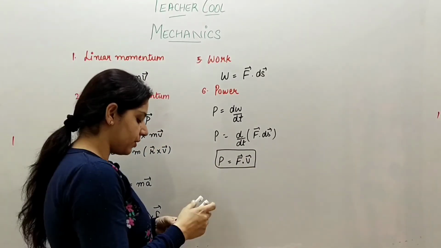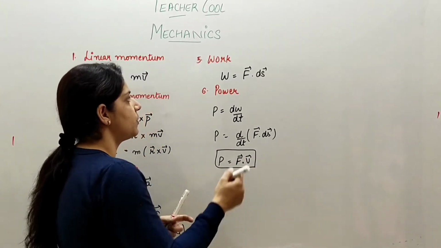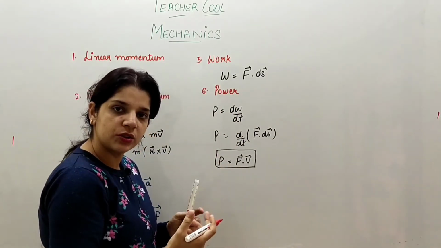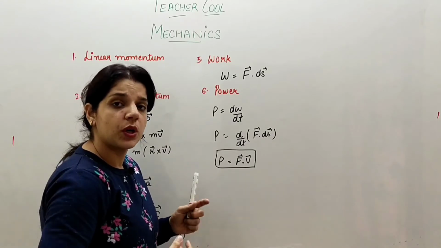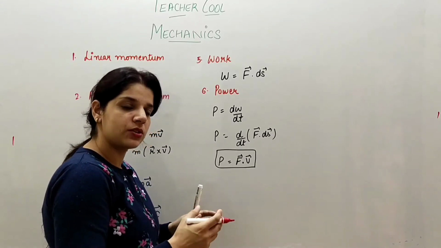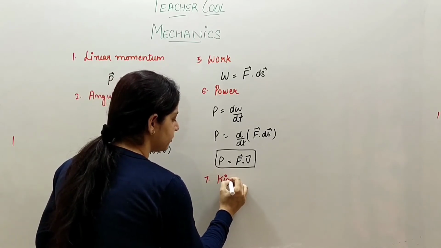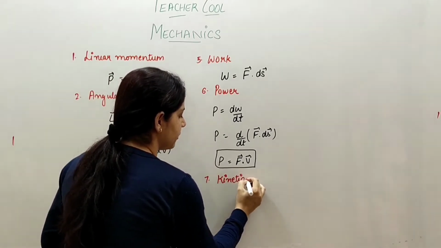Is it clear? Now, next is, since we are talking about work, indirectly we are also talking about energies. So work can also be done in the form of energies. So I'll write kinetic energy.